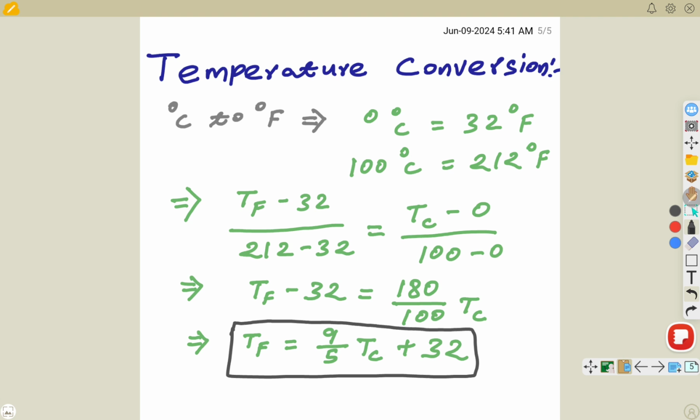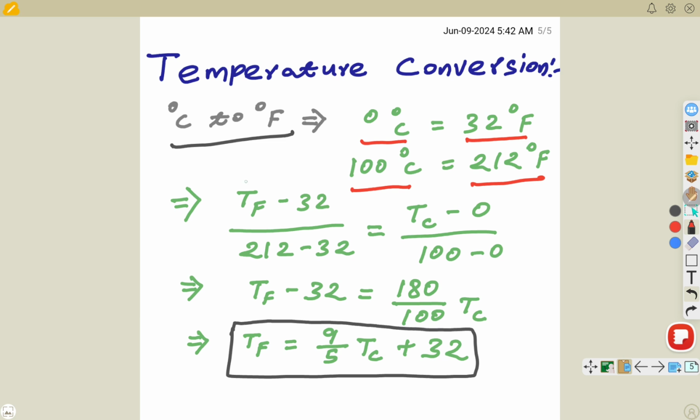Similarly, let's see another temperature conversion, that is Celsius to Fahrenheit. Here the lower limit, that is the melting point of ice, is 0 degree centigrade, and in Fahrenheit scale it is 32, and the upper limit, that is the boiling point of water, is 100 in Celsius scale and 212 in Fahrenheit scale.